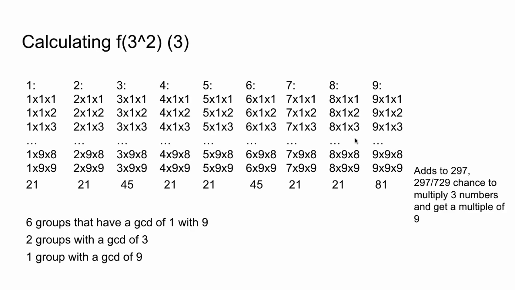Now, there's something I want you to notice here, which is that the number of these types of groups follow a pattern. There's one number here that's a multiple of 9, two numbers that are multiples of 3, and six numbers that are multiples of 1.